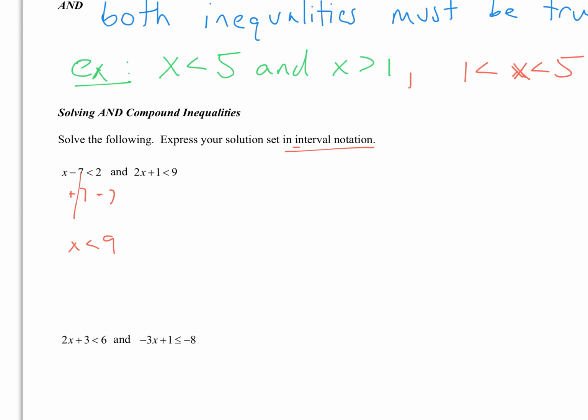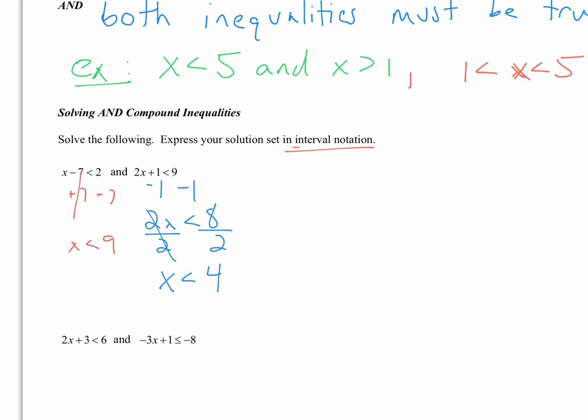On the second one, we'll subtract 1 first, and then divide by 2. So x is less than 4. If this is an and statement, both of these have to be true. The number that works for these inequalities has to be less than 9 and less than 4.